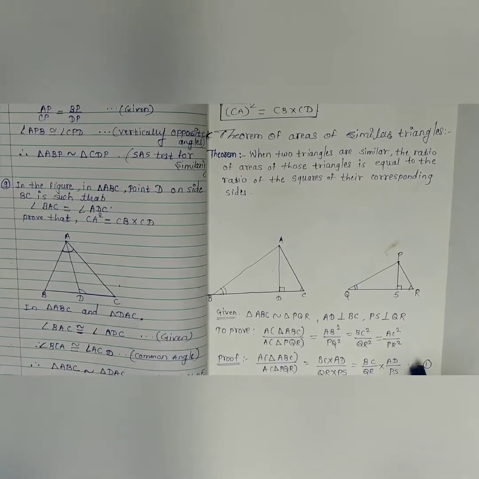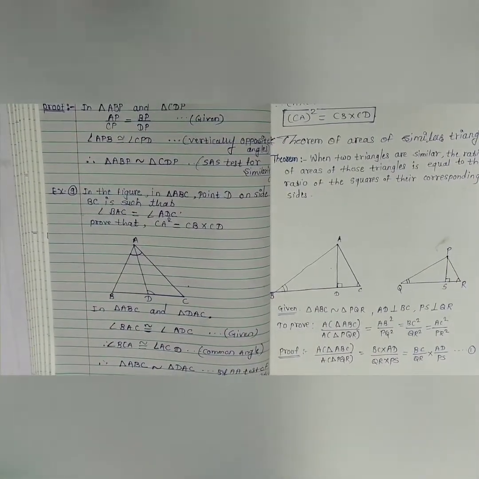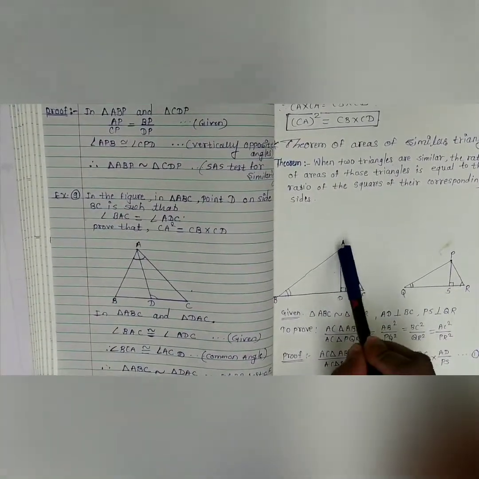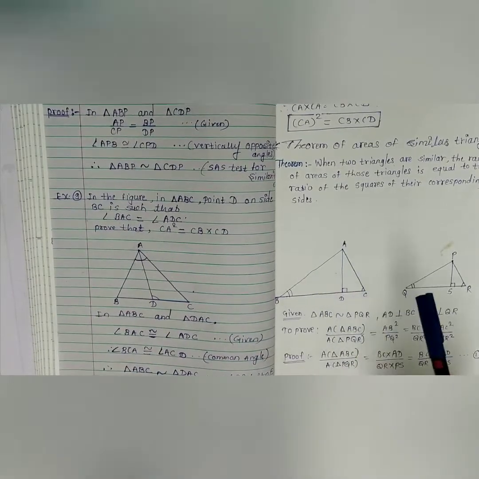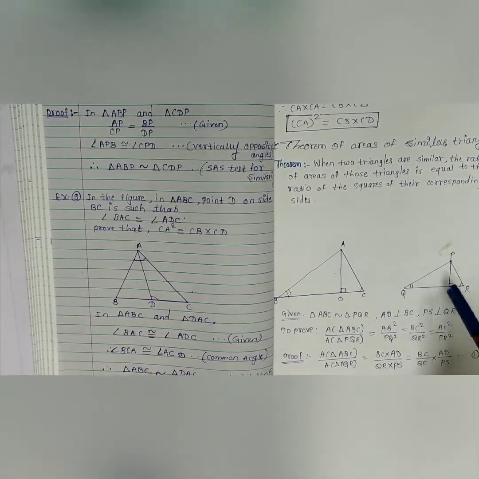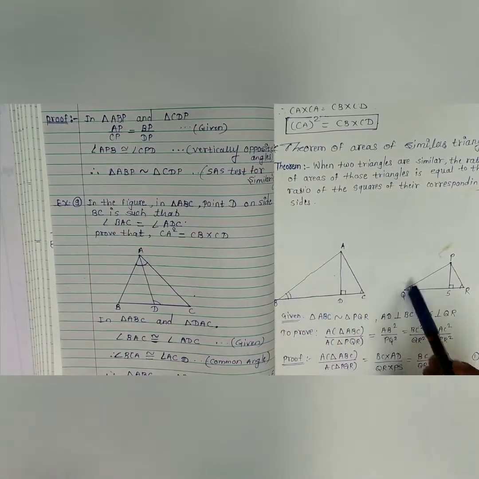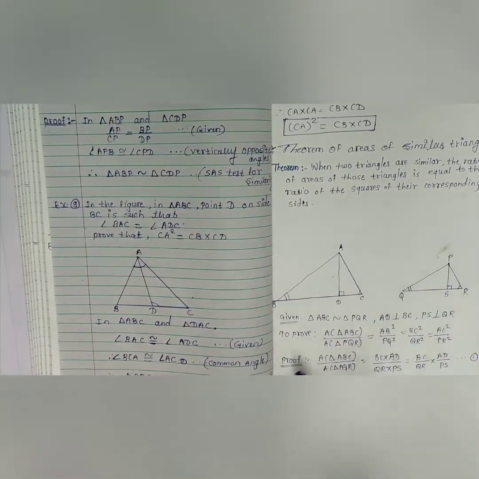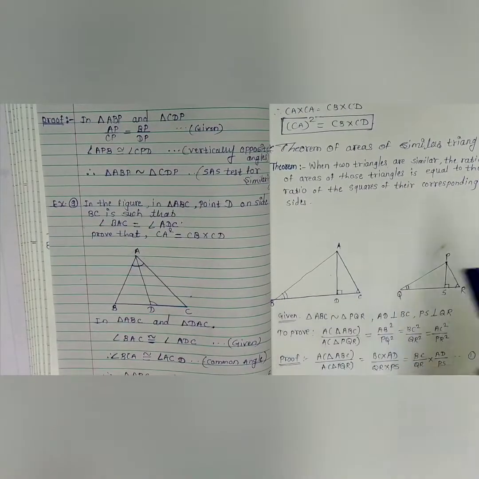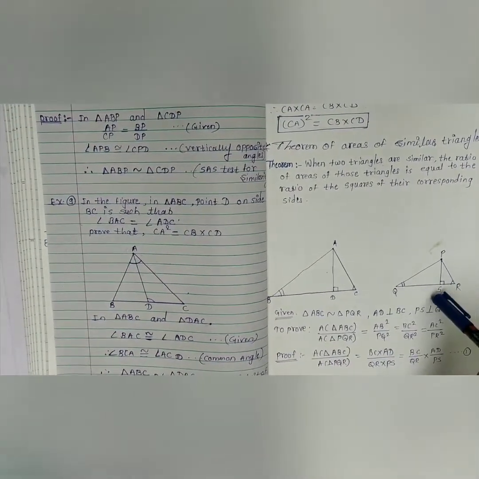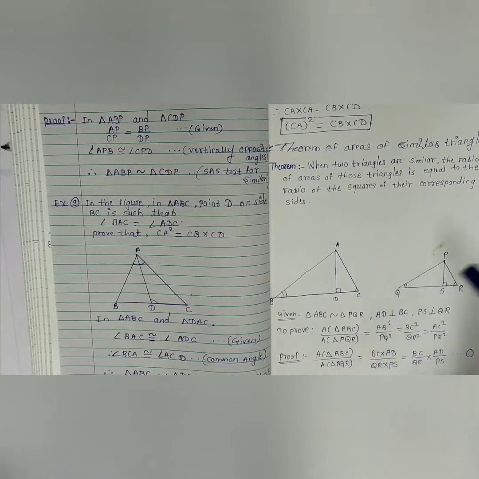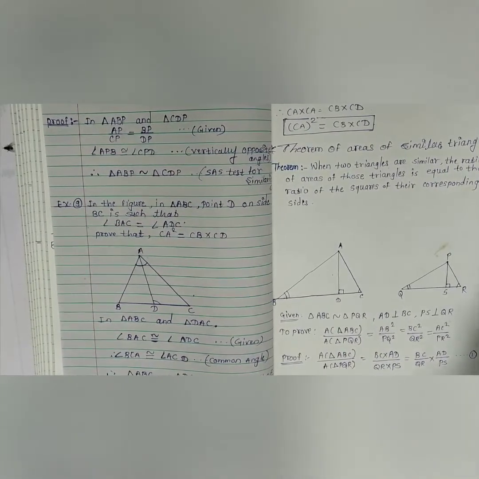In triangle ABD and triangle PQS, angle B is congruent to angle Q, given equal angle, and this is the given. Next, angle ADB and angle PSQ are 90 degrees.